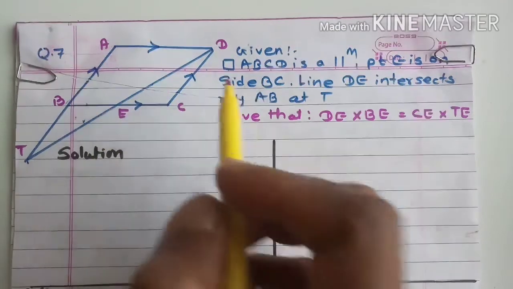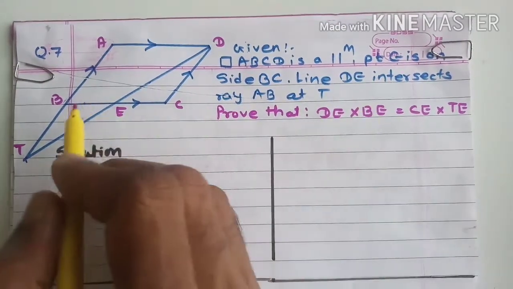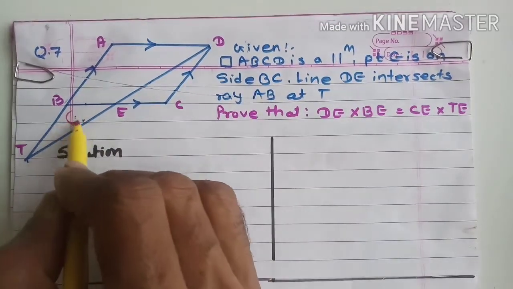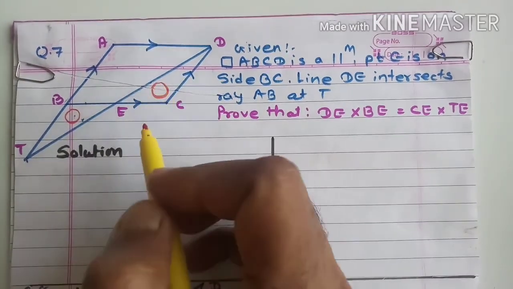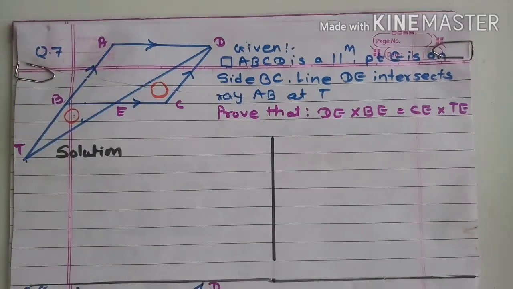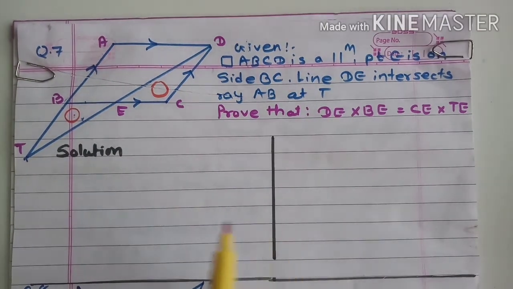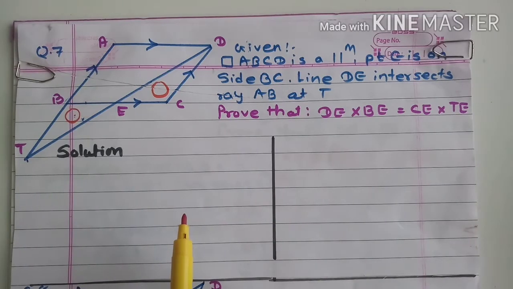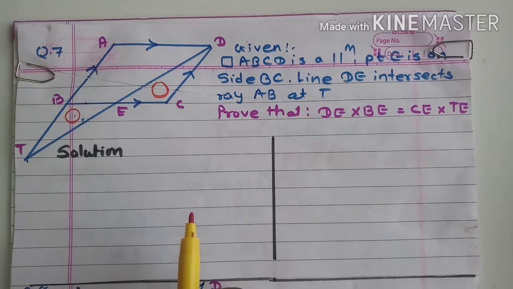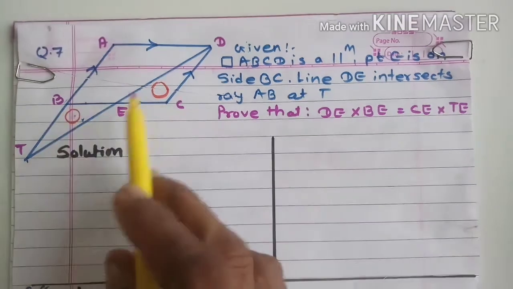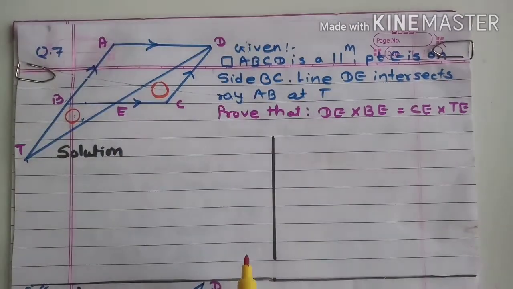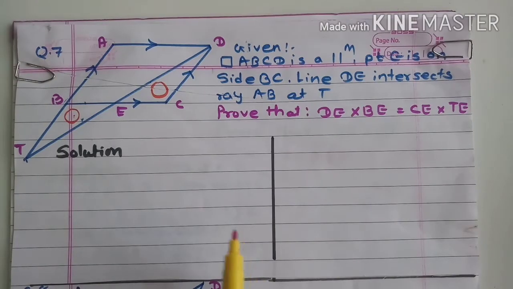To prove this, we have to prove these two triangles similar. We have 3 tests for similarity, and the favorite test is the AA test. Now check whether these two triangles are similar with the help of the AA test or not.